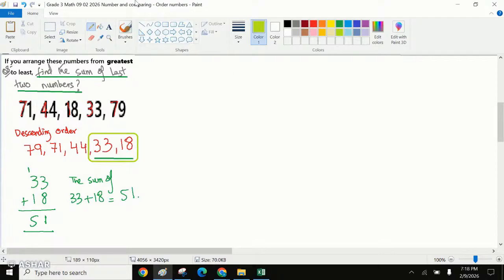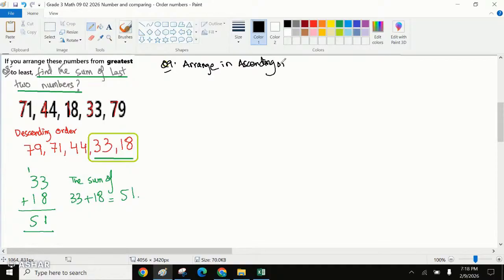Moving ahead to the next question, let's see. So the question says, question number 9, sorry, if this is question number 9, it says arrange in ascending order.